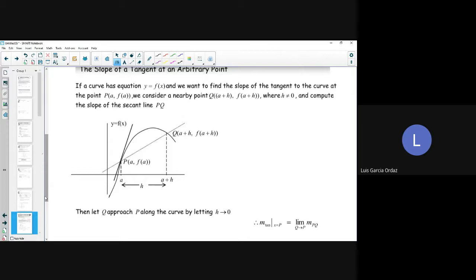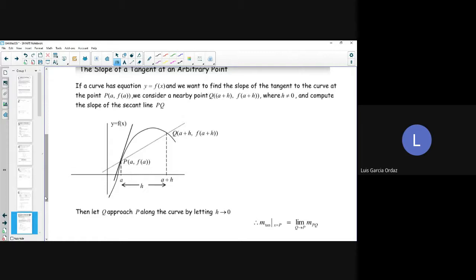What happens if h is equal to 0 in the denominator? Yes, because Q cannot equal P, and if h is in the denominator of the difference quotient, it becomes 0, and therefore it is undefined.